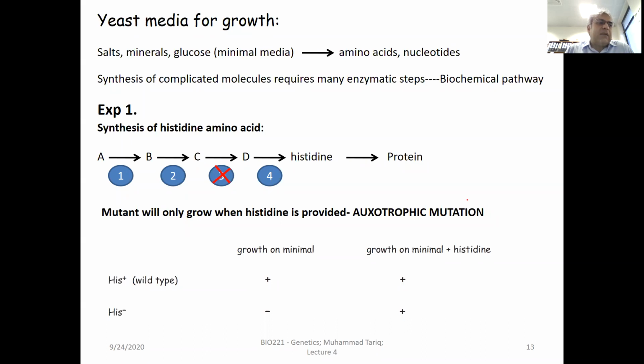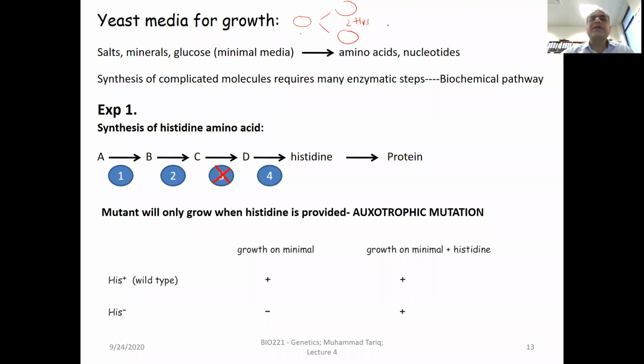And the biochemical tools and genetic tools are as good as fruit flies. However, the advantage is that yeast divides in simply 2 hours. So one cell will go into 2 cells in simply 2 hours. In flies, it takes 10 days.